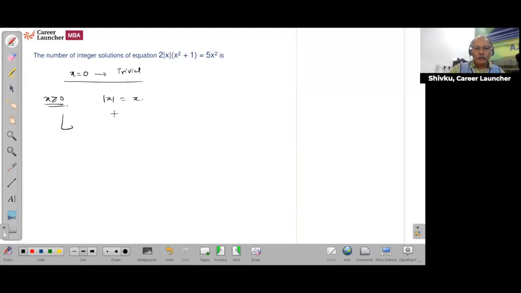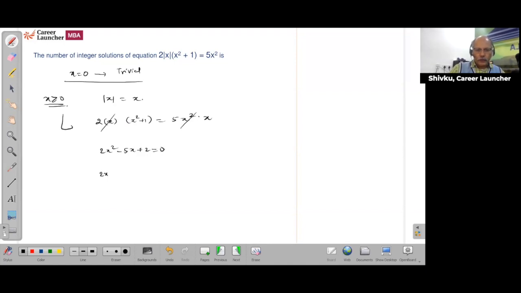So in such cases, your equation is going to be 2x into (x squared plus 1) is equal to 5x squared. So we will have 2x squared minus 5x plus 2 equal to 0.